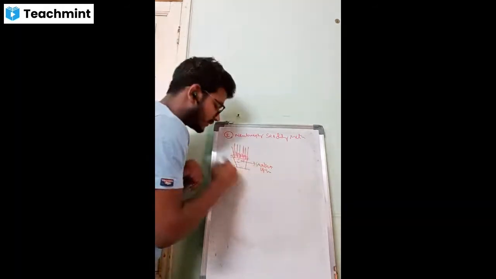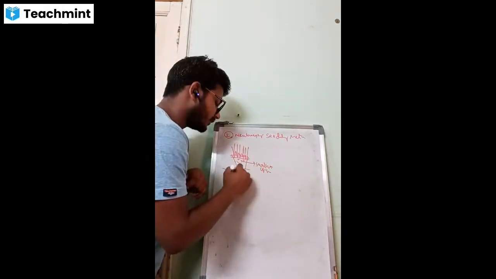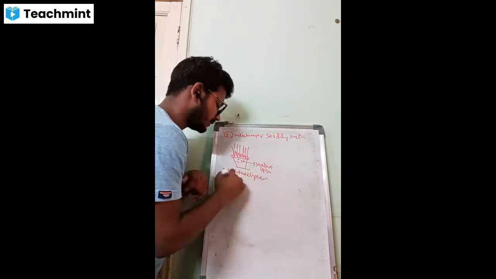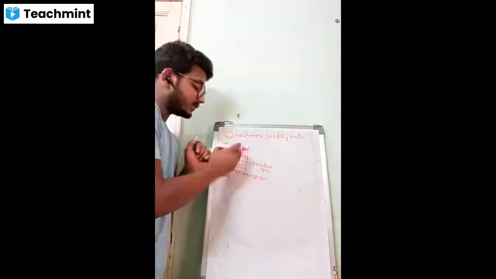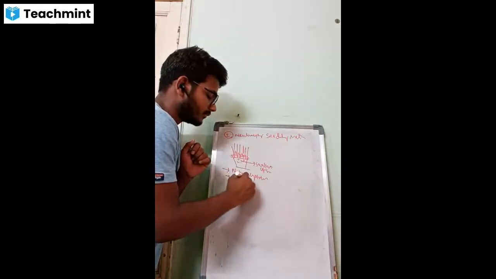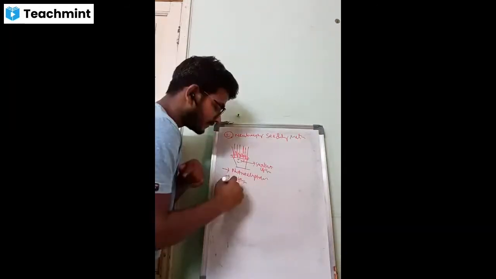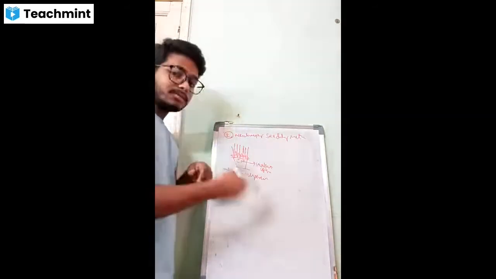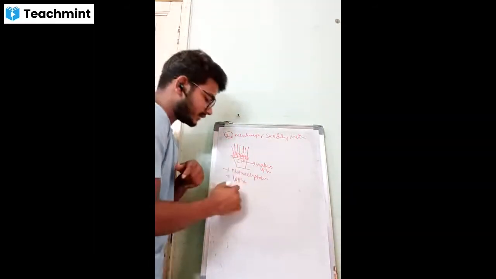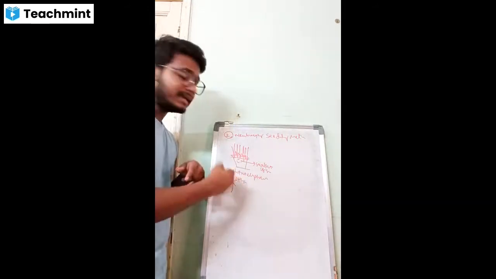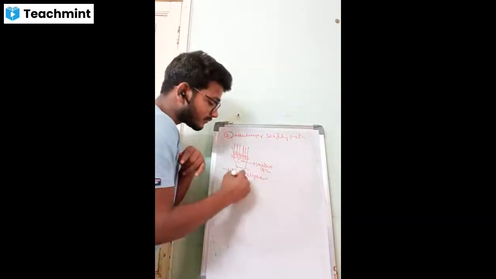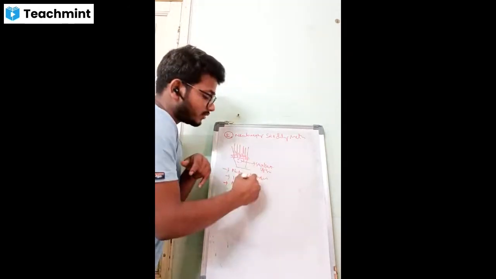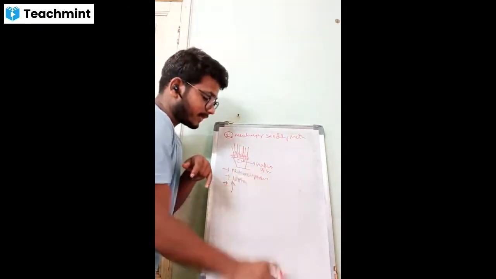So what will happen? The nutrient uptake will be more and the nutrients will be exhausted in the soil within a short period of time, because if there are more seedlings, the frequency of uptake will be increased. So within a short period of time, the exhaustion of nutrients will be fast.